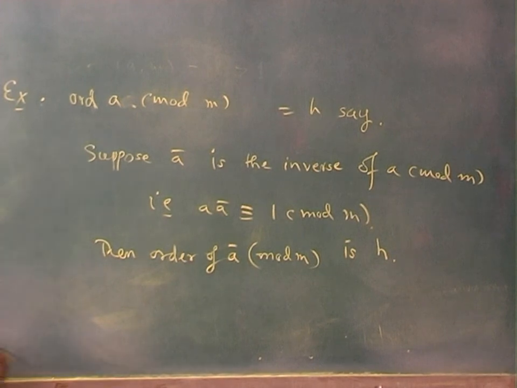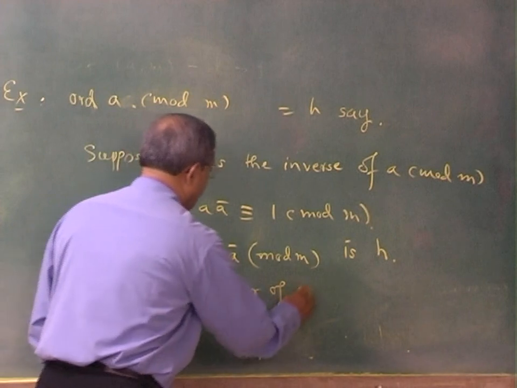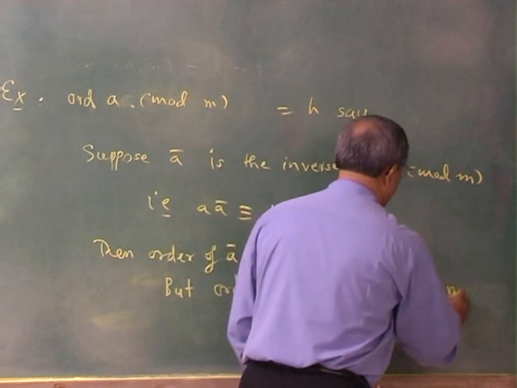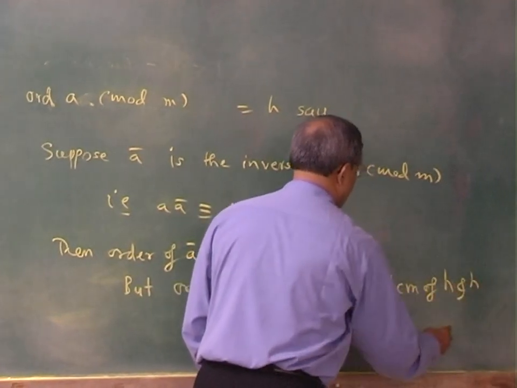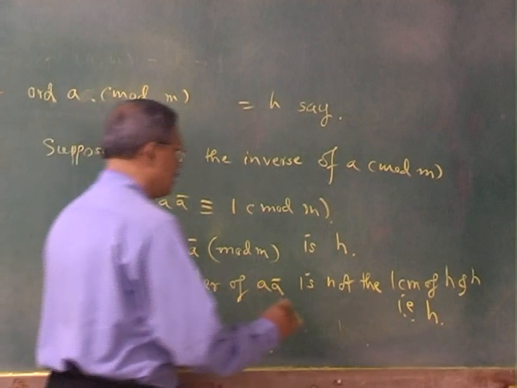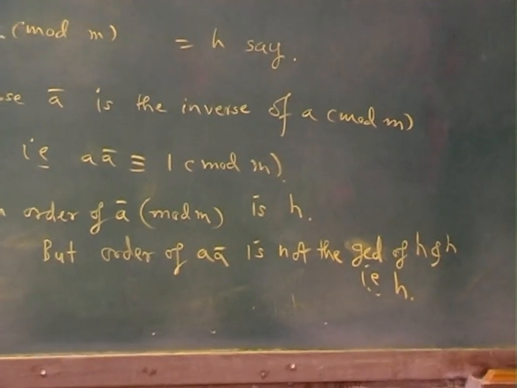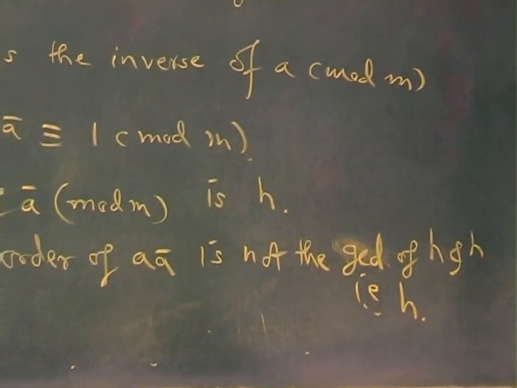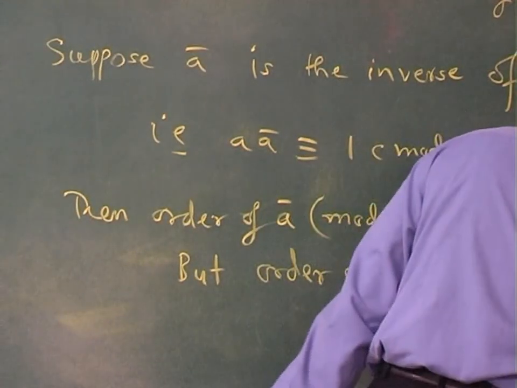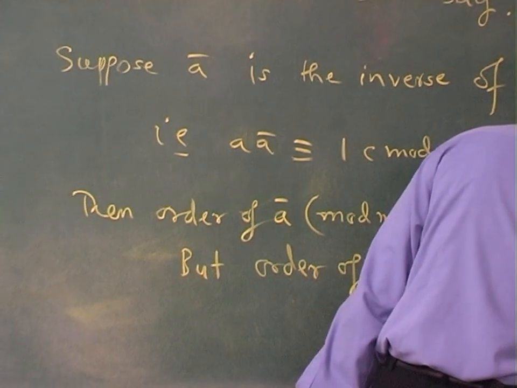So the order of A bar is not the LCM of H and H, that is H. Not LCM, I wanted to say GCD of H and H, greatest common divisor.